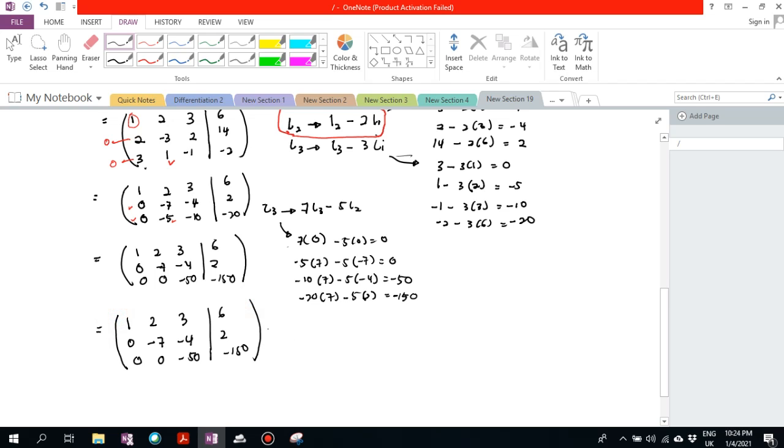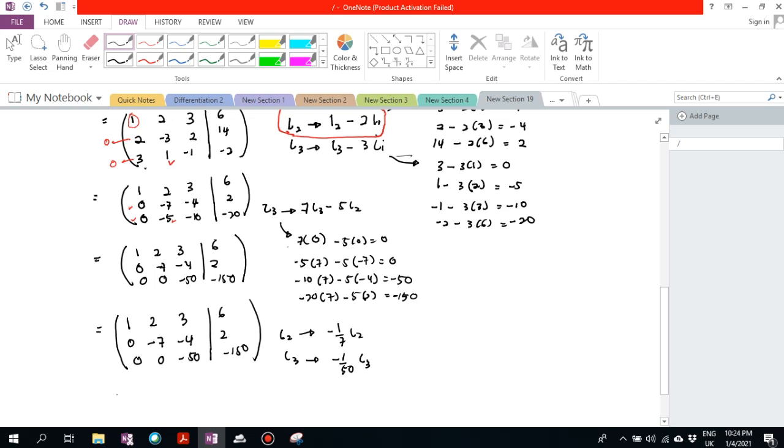So what we need to do is change I2 to become negative 1 over 7 times I2. Then I3 will be divided by negative 150, so it becomes the new I3.